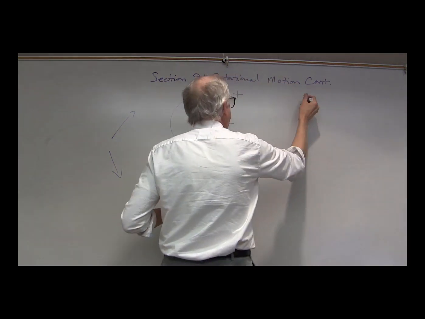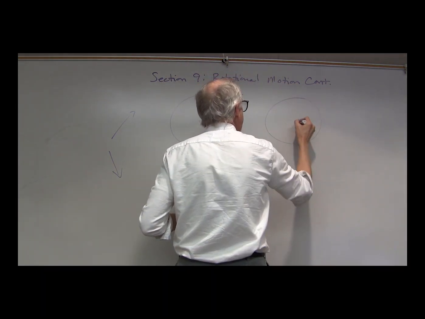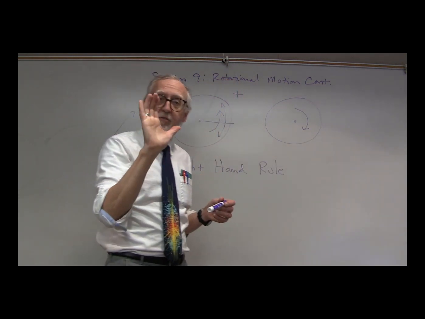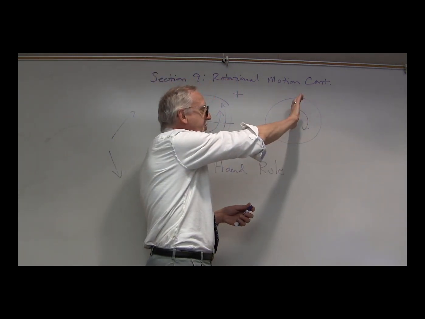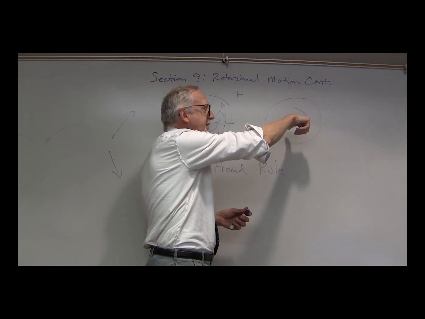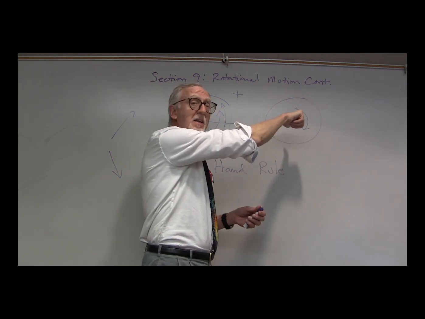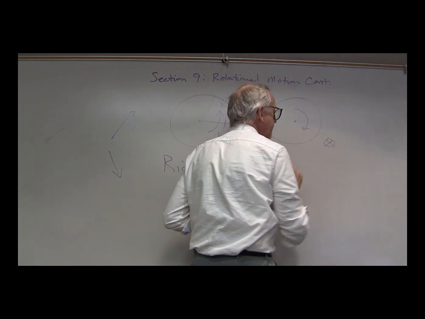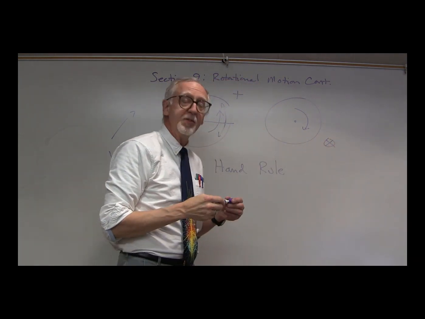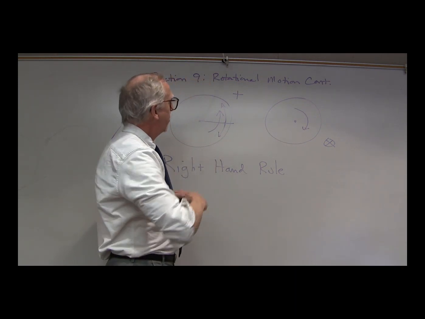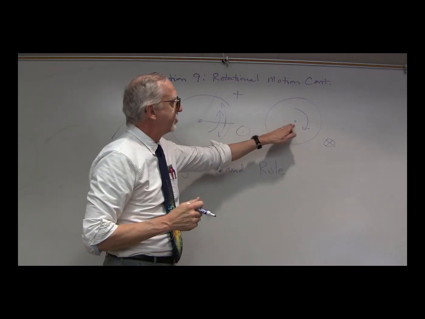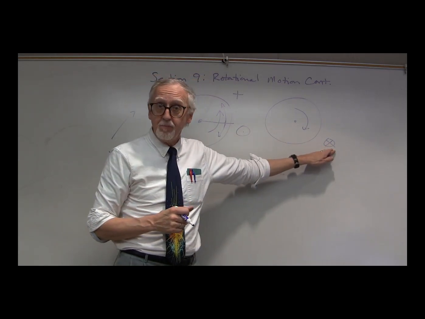So what happens if we have something that is rotating in a clockwise direction? Point our fingers in the direction of the rotation. In this case, clockwise, our thumb points into the board. And so this direction of rotation we would represent with the circle with the X in it. So the vector direction here is out of the board. The vector direction here is into the board.